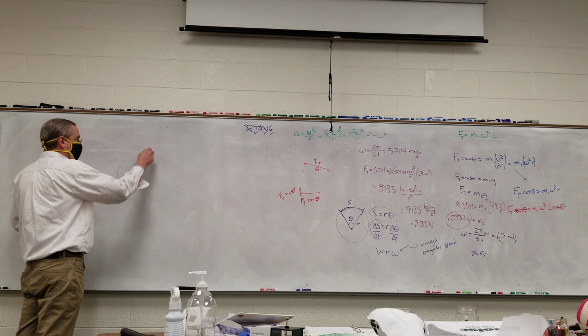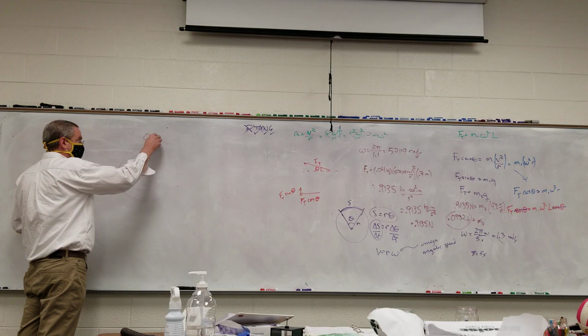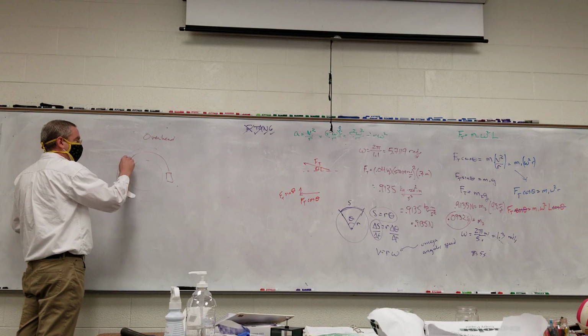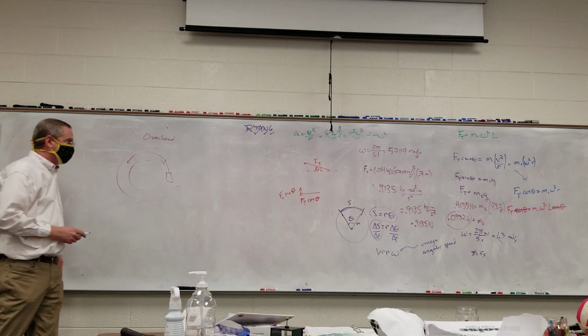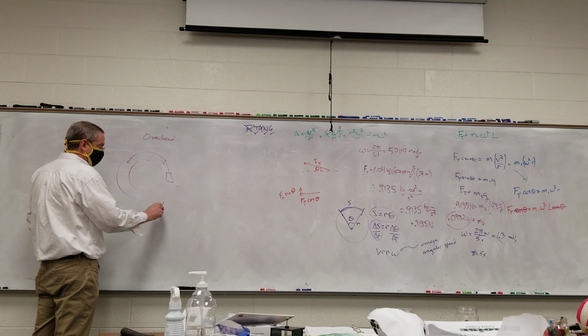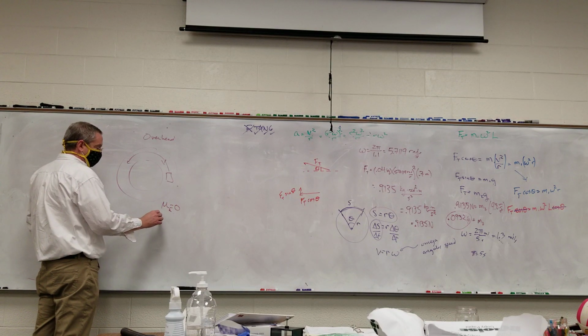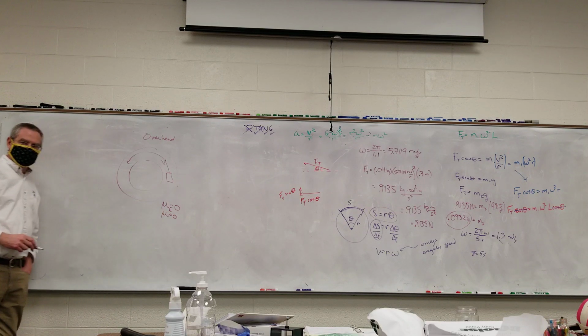If I've got a track here, overhead view, and I have a car going around the track at some speed v, we'll make the track frictionless, and it is banked.